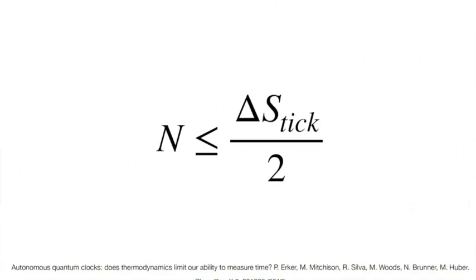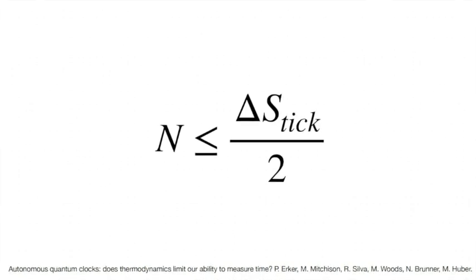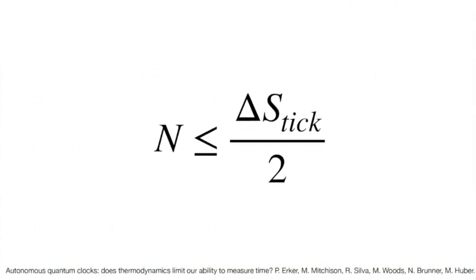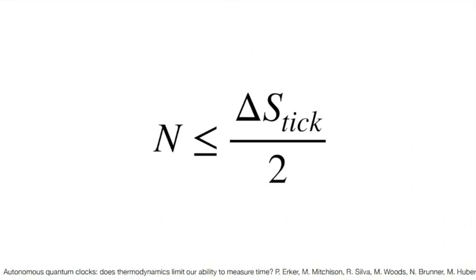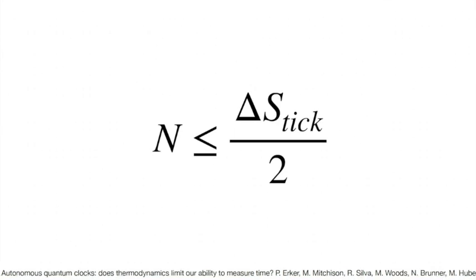One thing one can do to build better clocks, and also reduce the entropy production per tick, so the efficiency of producing ticks at a certain accuracy and resolution, is something we call temporal probability concentration.